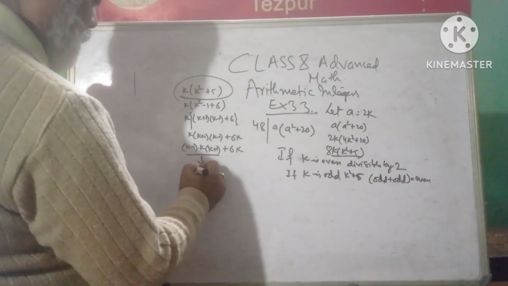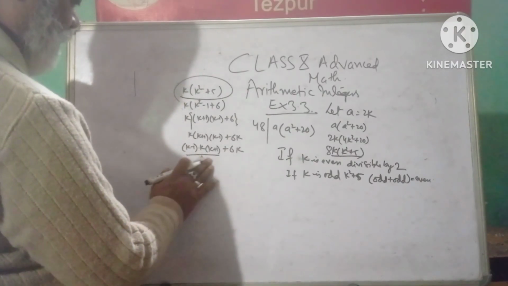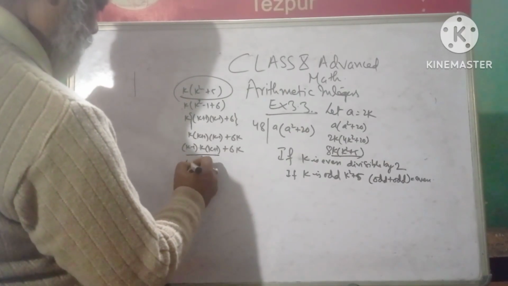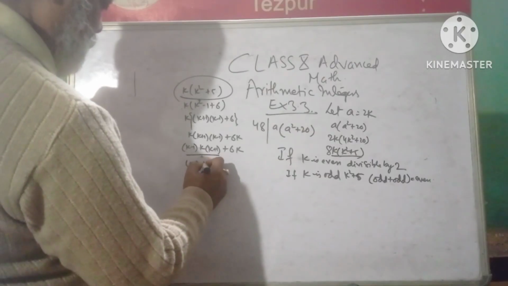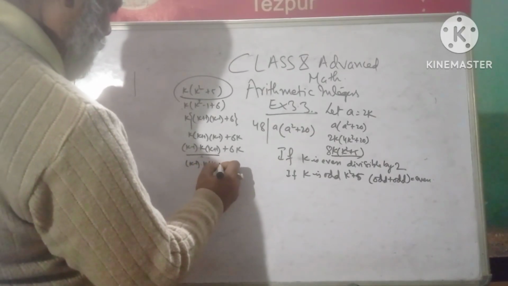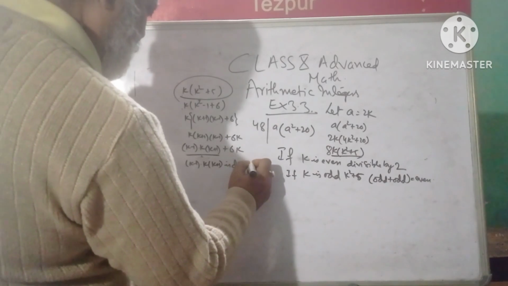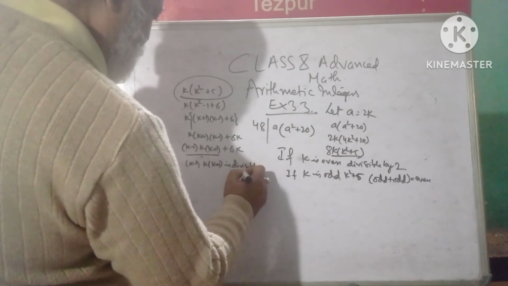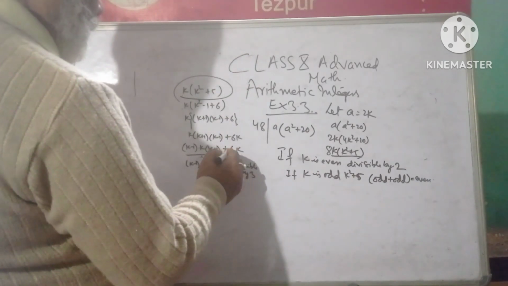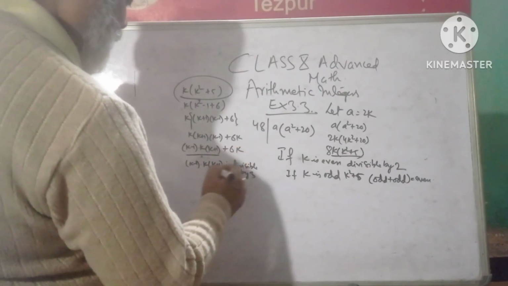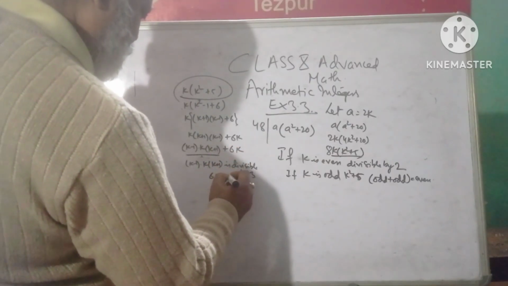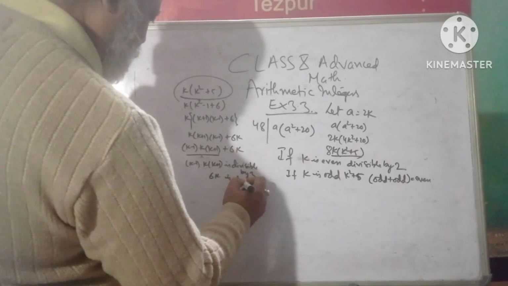So you can write here that k minus 1, k, k plus 1 is divisible by 3. And 6k is also divisible by 3.